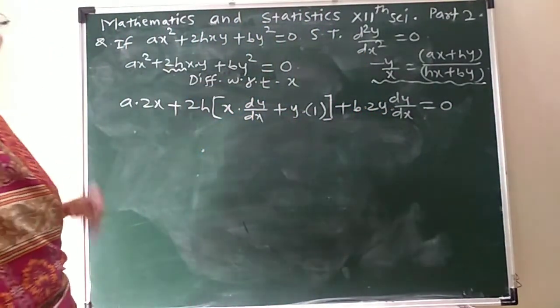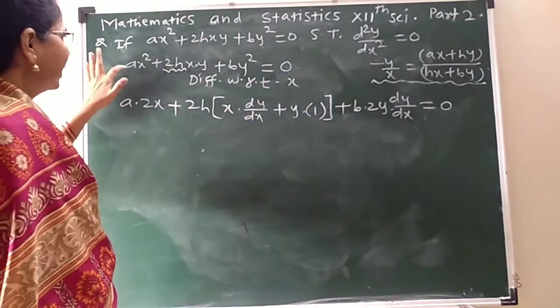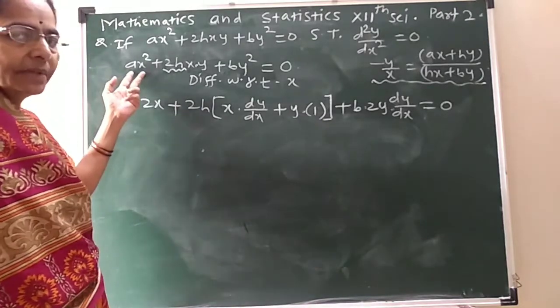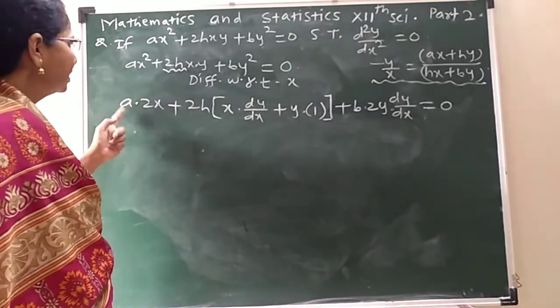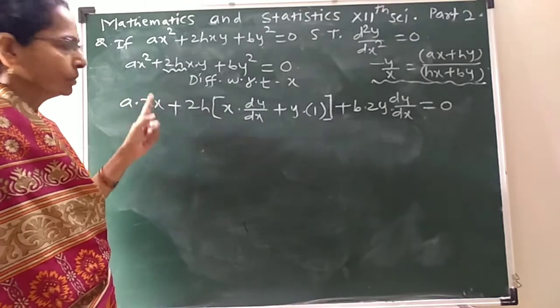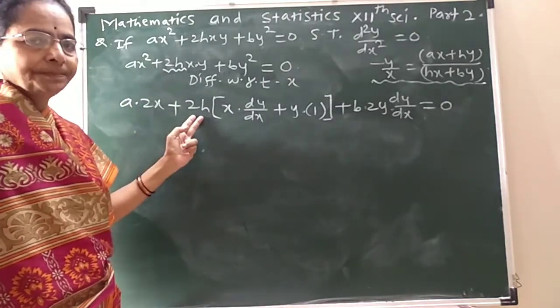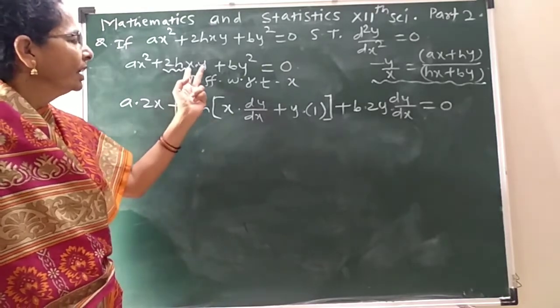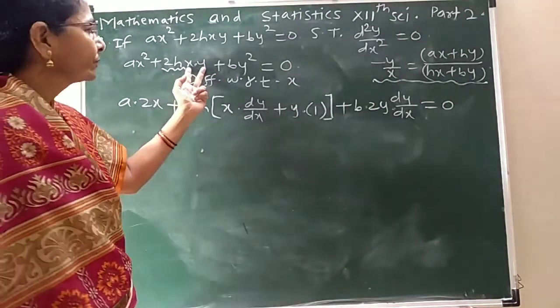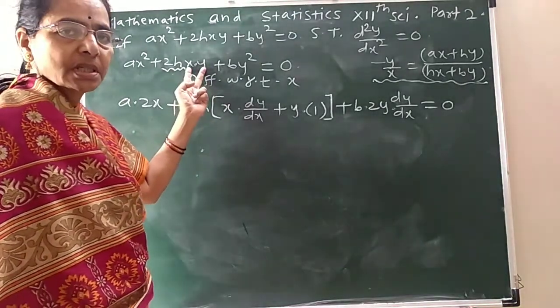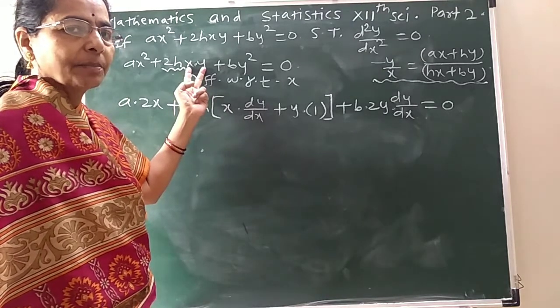See once again how we take the derivative. The first term's derivative, a is constant, derivative of x square is 2x plus 2h. Take the constant common, and inside there are two functions x and y in product form.